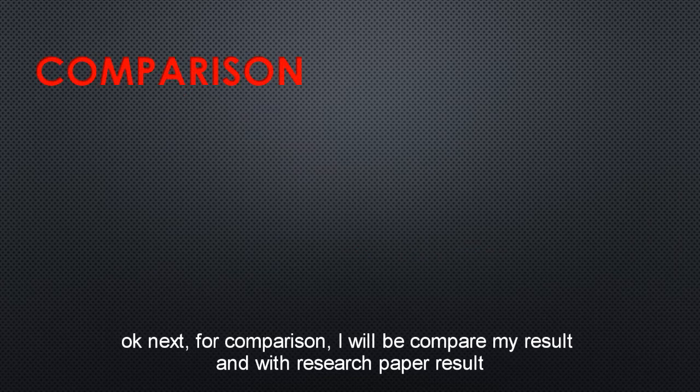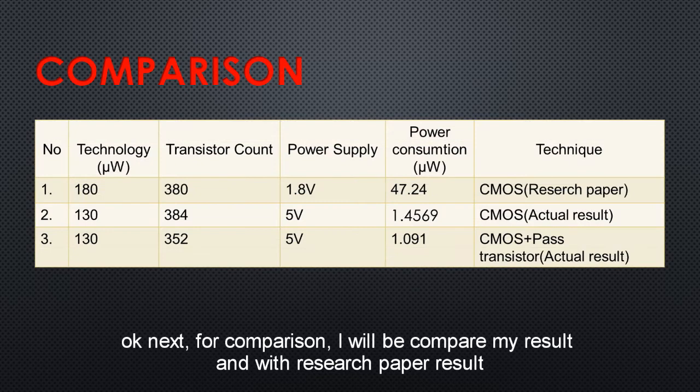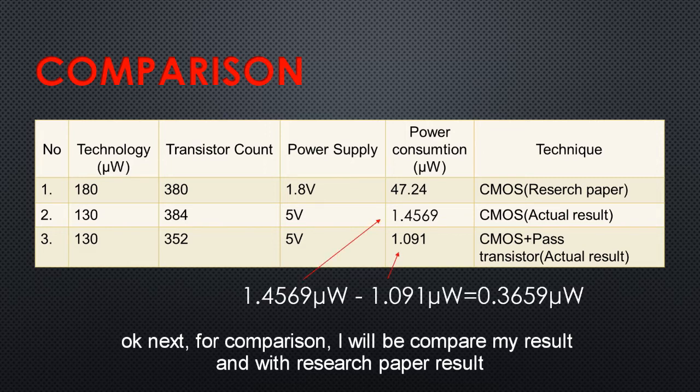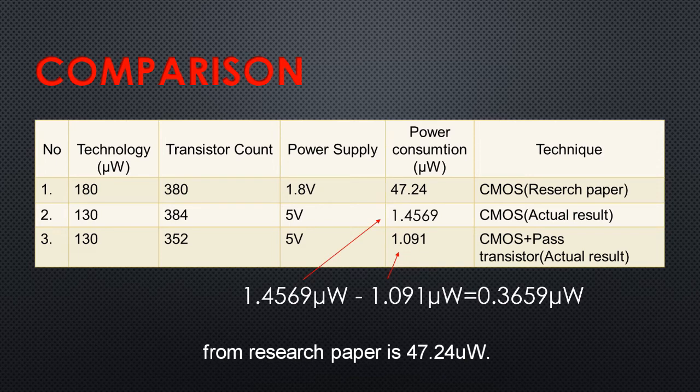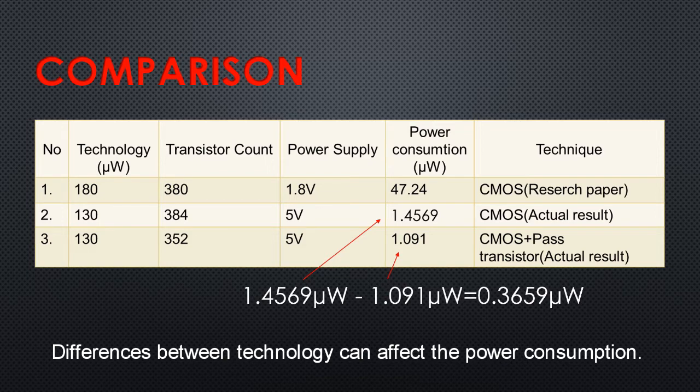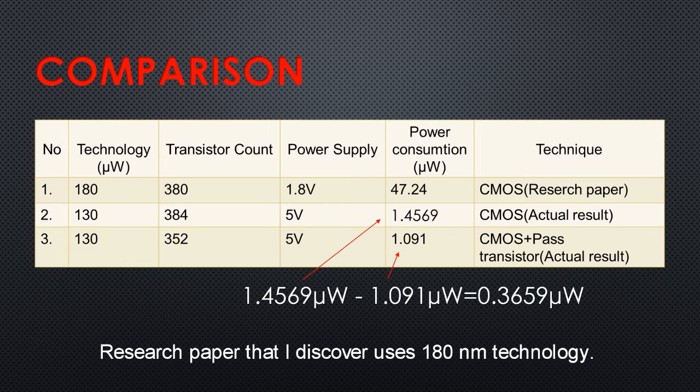Okay, next, for comparison, I will compare my result with research paper result. From research paper is 47.24 microwatt. Differences between technology can affect the power consumption. Research paper that I discover use 180 nanometer technology.